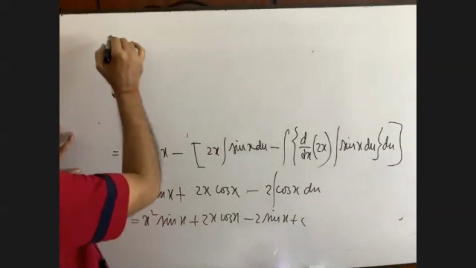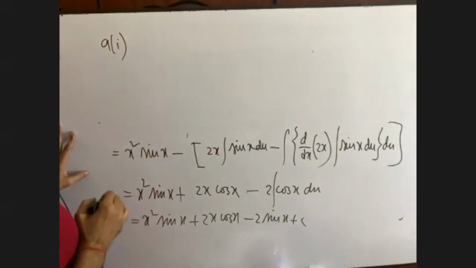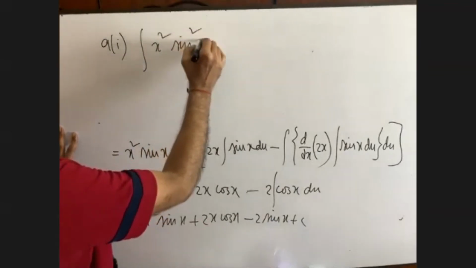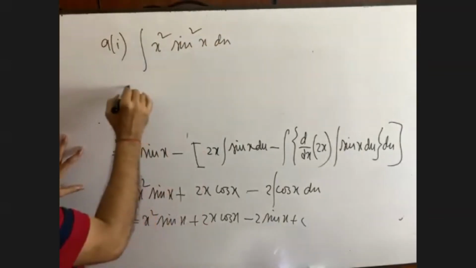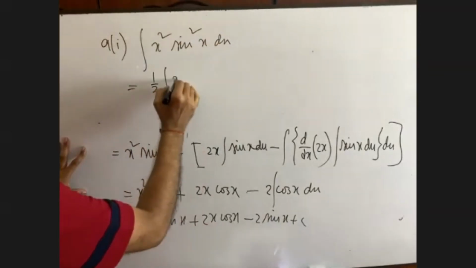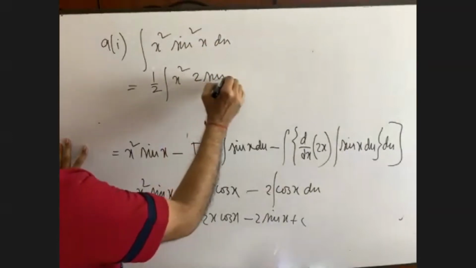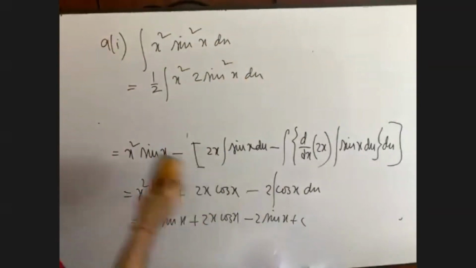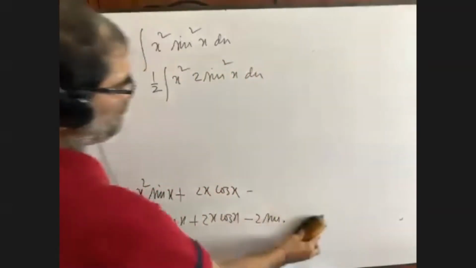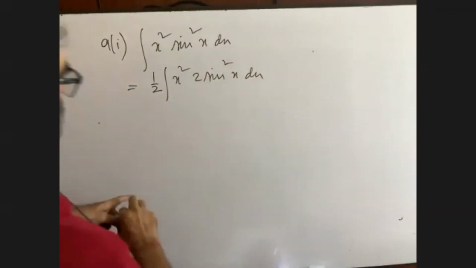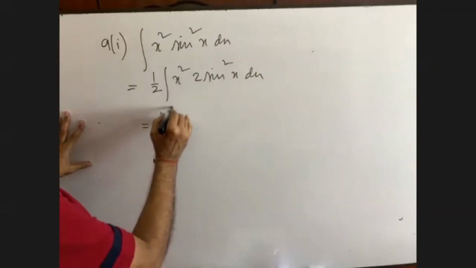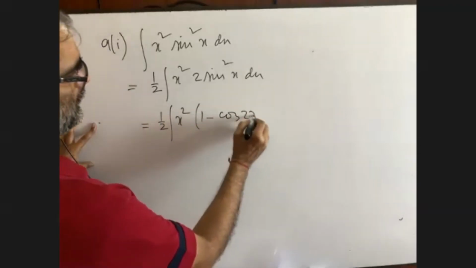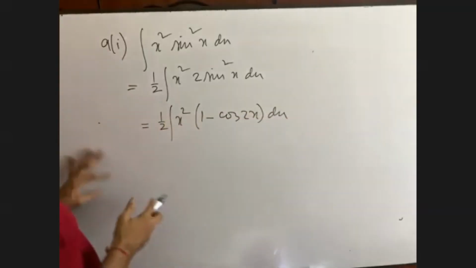Now, suppose question number 9.1. It is x square sin square x dx. What will you do? Half x square to sin square x dx. Then we can write down half x square 1 minus cos 2x dx.